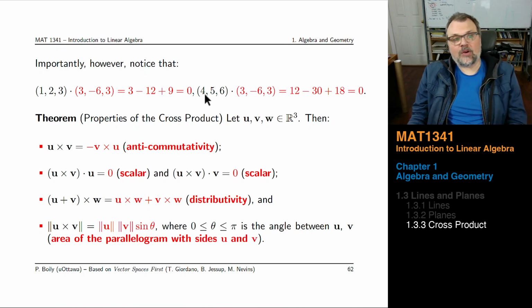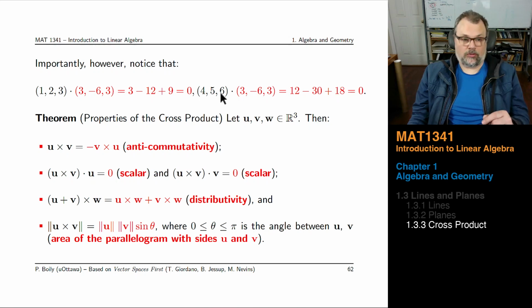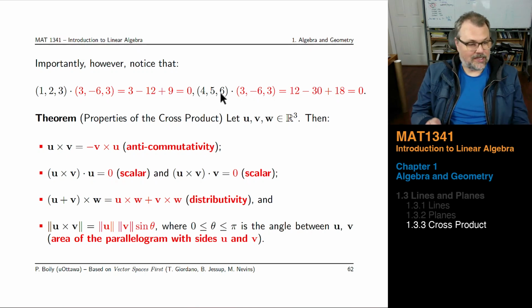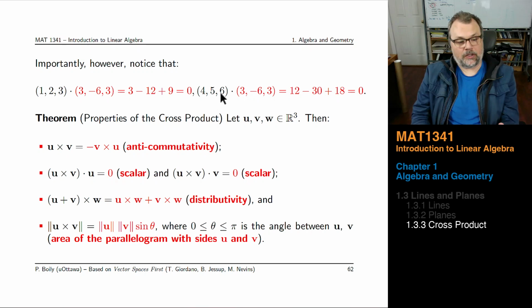And I do the same thing with vector 4, 5, 6. 4, 5, 6, dot product with the cross product, 3, minus 6, 3, I also get 0. So 4, 5, 6 is also perpendicular to the cross product. In general, that's always going to be the case. If you have u and v, the cross product of u and v is a third vector which is perpendicular to both u and v.